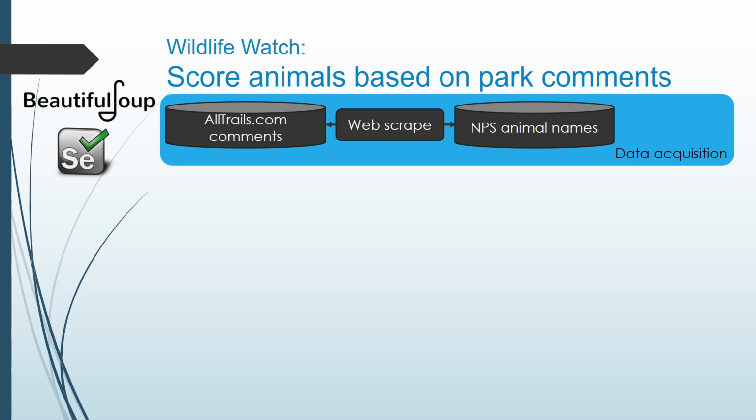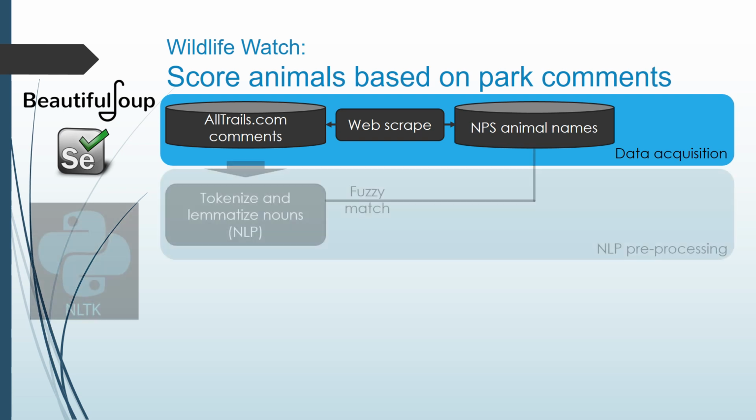In order to get my data, I did a significant amount of web scraping. So I used Selenium to get the JavaScript-loaded comments from alltrails.com. And I also used Selenium and Beautiful Soup to get the animal names from the National Park Service site for many national parks.